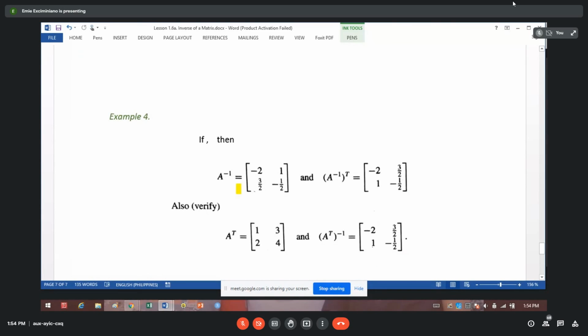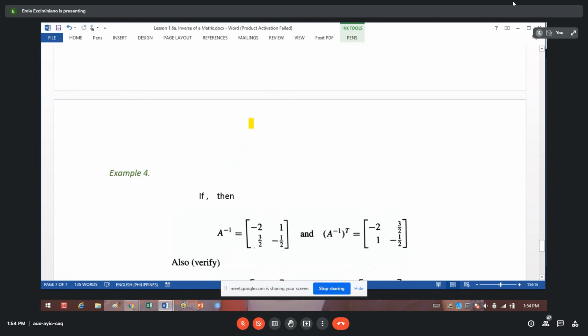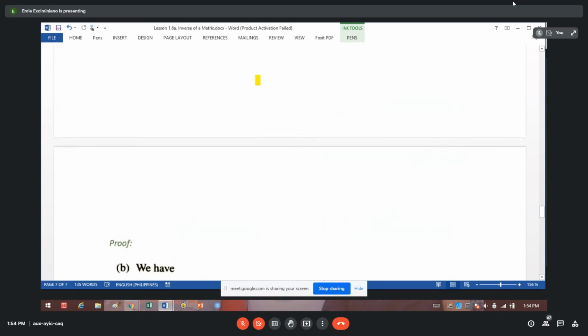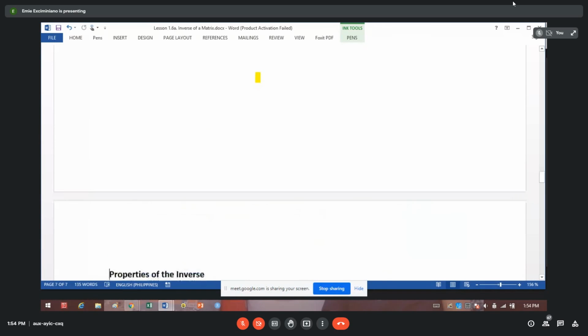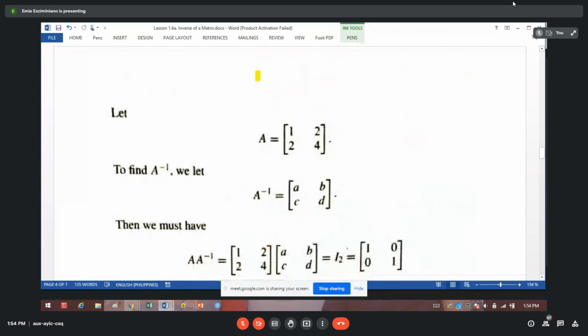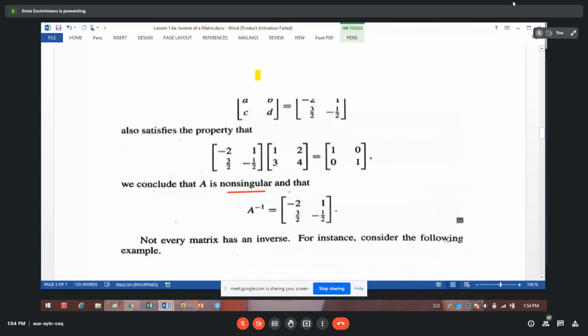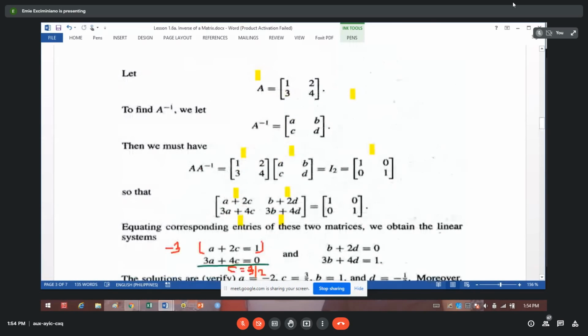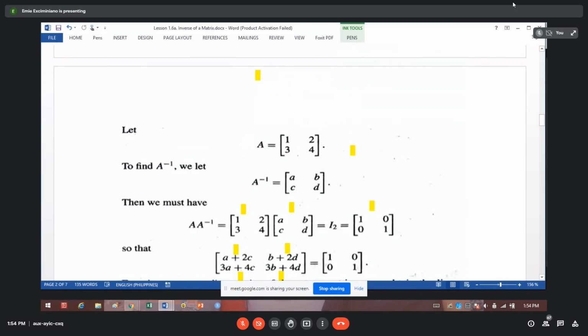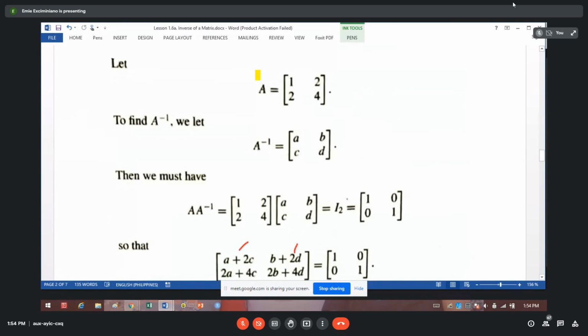Okay? Ito. Ang given matrix dito ay yung ano ba yung A natin? Example number 2. Palagay ko, ang ginamit dito ay example number 2. Yung example number 2. Okay. 1, 3, 2, 4. Tama ba? Okay. 1, 3, 2, 4.